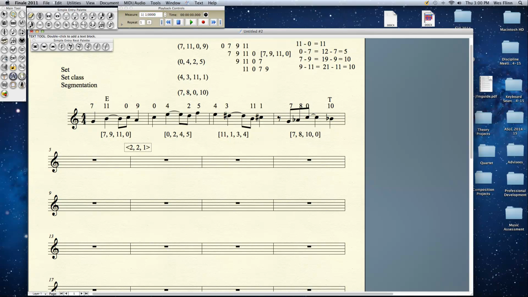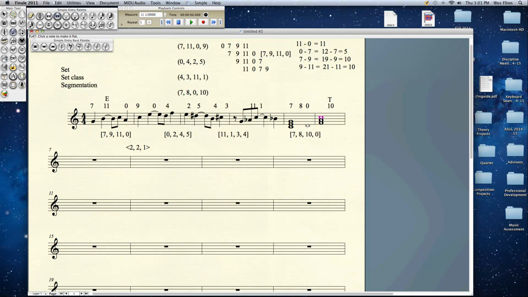Think about this for a second. Different pitches sharing the same intervallic content. This is kind of a big deal. Can you think of a tonal situation where you have two groups of pitches sharing the same intervallic content? Oh, I don't know. How about two major triads?